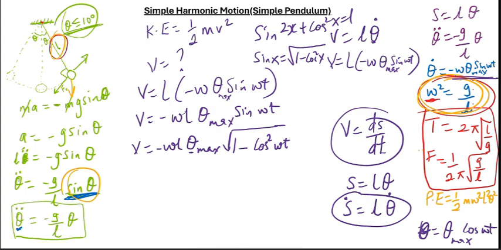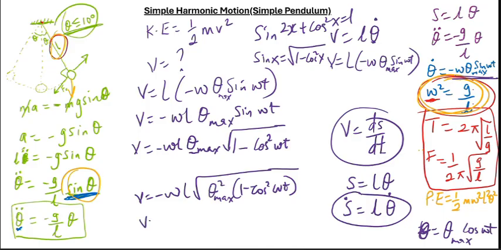Now I can bring this theta max into the square root, and I will have V equals minus omega L square root of theta max squared times (1 minus cos squared omega t).